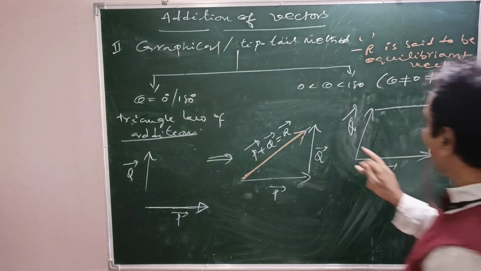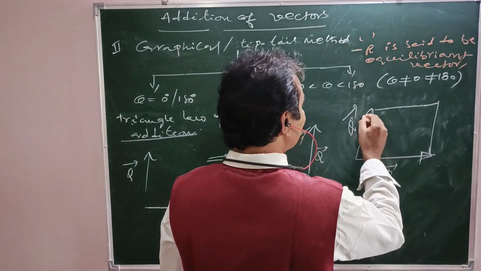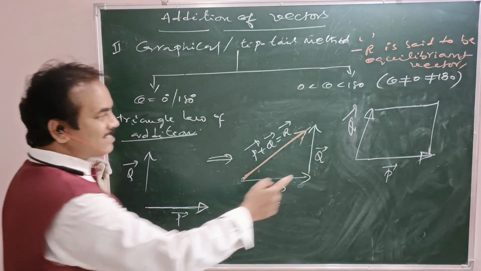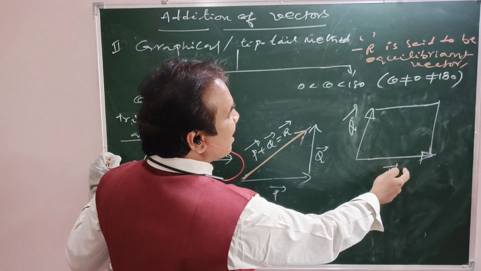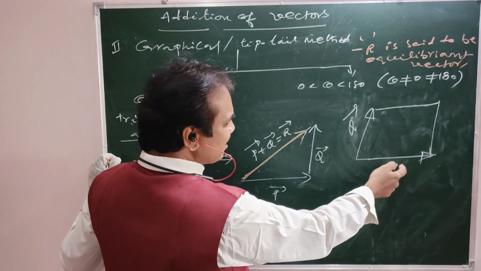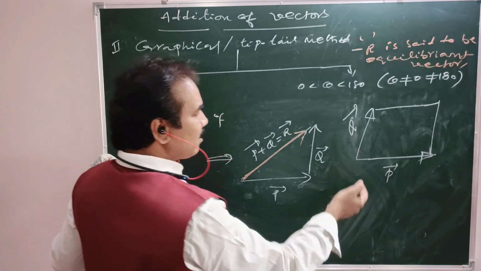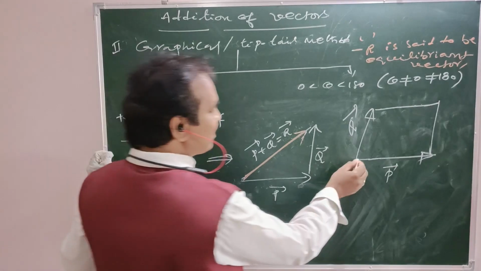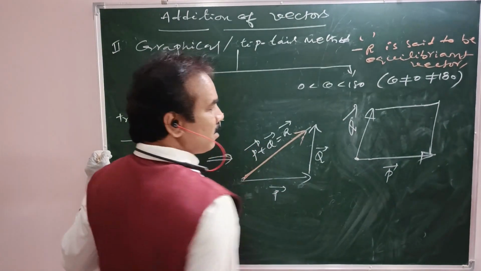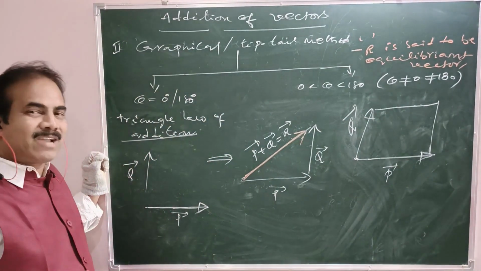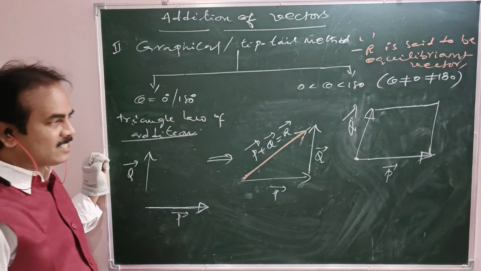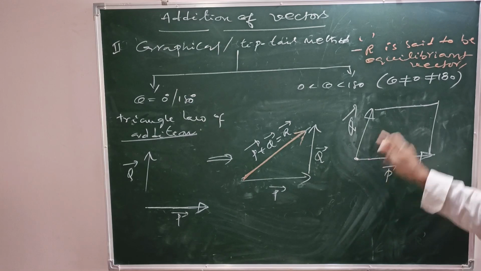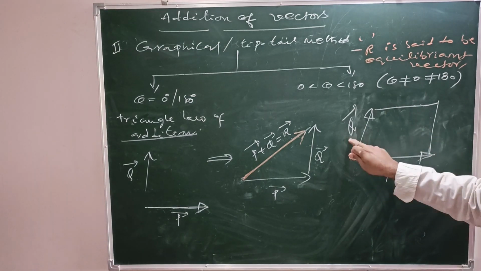Right? These are the parent vectors which are to be added, p bar and q bar. So the given vectors are taken as the adjacent sides of a parallelogram such that both tails are connecting. Now this is the intersection of both vectors. Now a diagonal is drawn from the common intersection of the given vectors. See, this is the common point of the parallelogram, otherwise the common point of these two vectors.